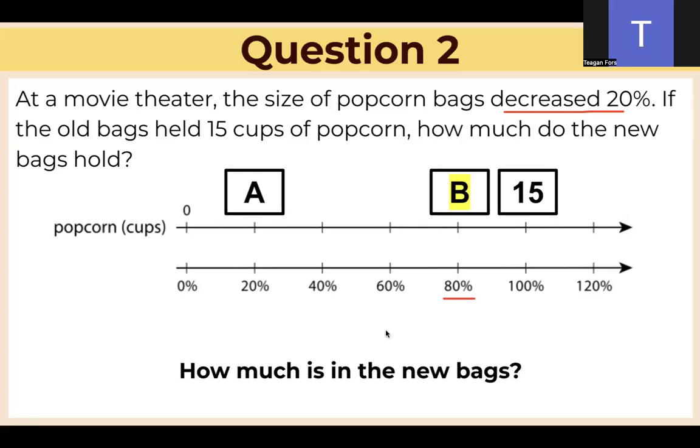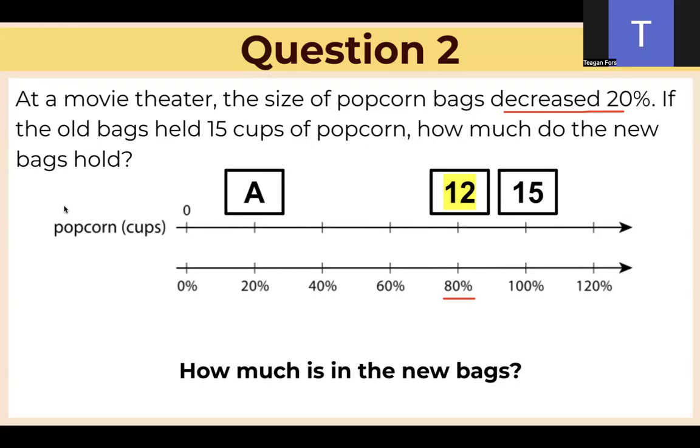The new bags contain 12 cups of popcorn. Here's how you can figure that out if you aren't sure. So we know that 100% is 15, which means I could start by finding what is in 20% and counting up from there.